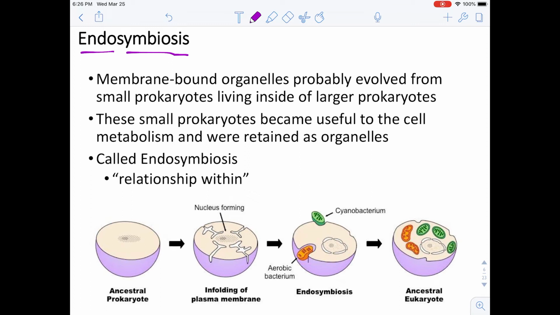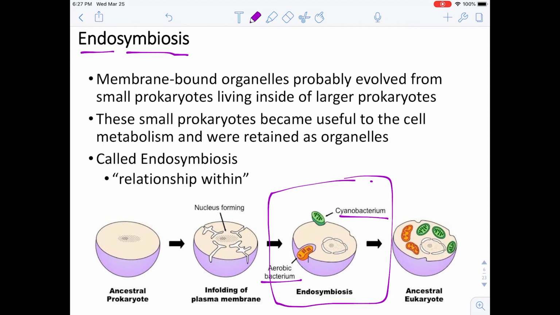So it answers the question, how did eukaryotes come to be? And we are pretty sure that eukaryotes are the result of small bacteria. In this diagram here, we've got a couple different types, cyanobacteria and aerobic bacteria. We'll talk about what aerobic means later. But you had really small bacteria living inside of larger bacteria. And they had a symbiotic relationship together. It became beneficial.